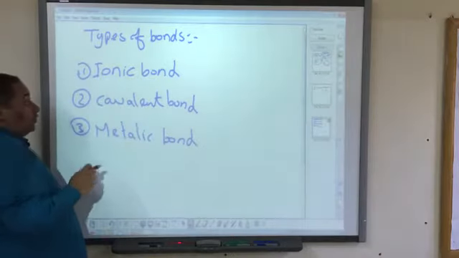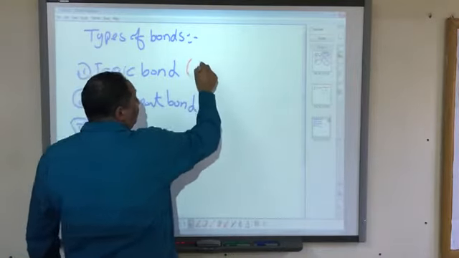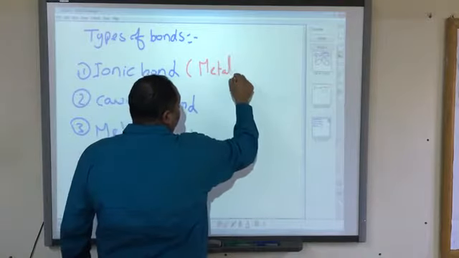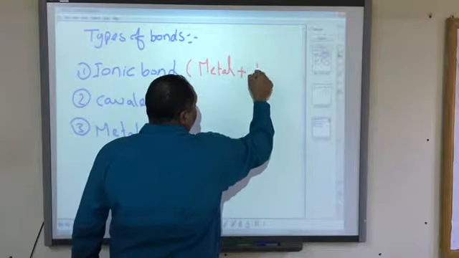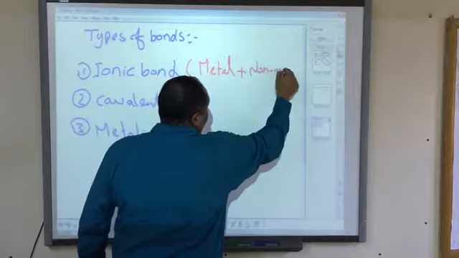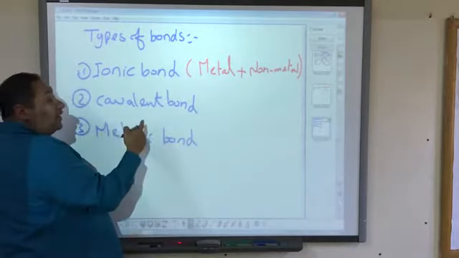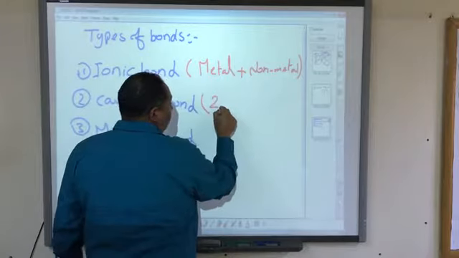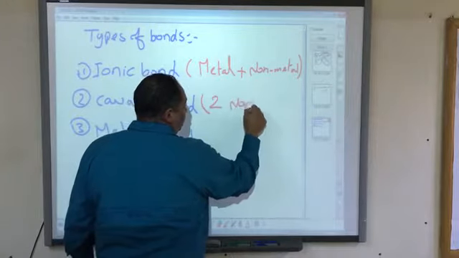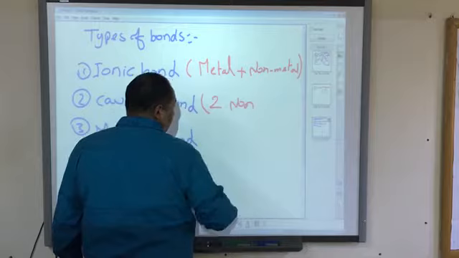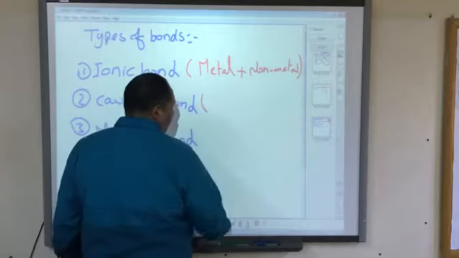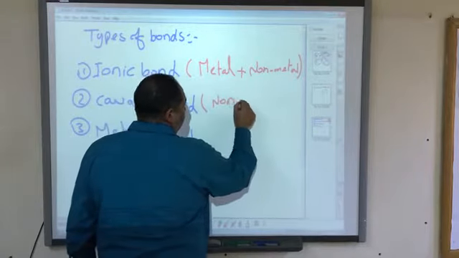Ionic bond happens between metal plus non-metal. Covalent bond, between non-metals only.